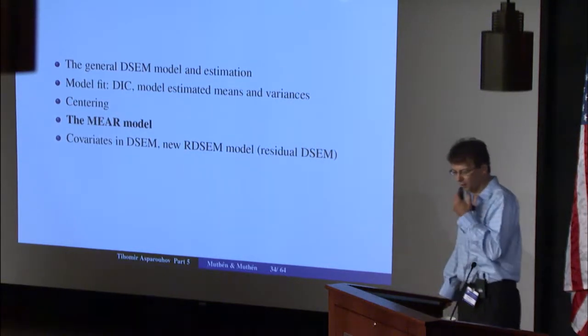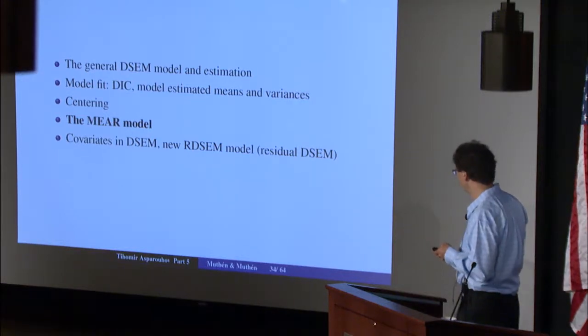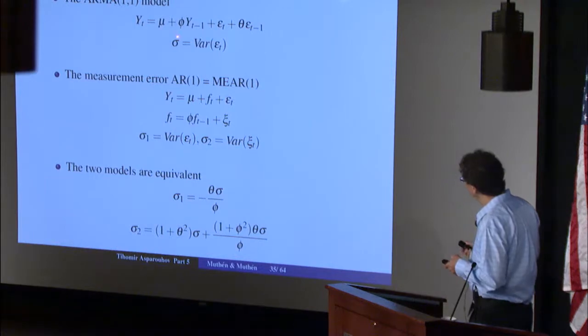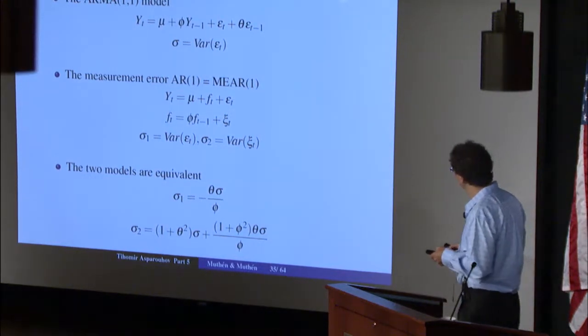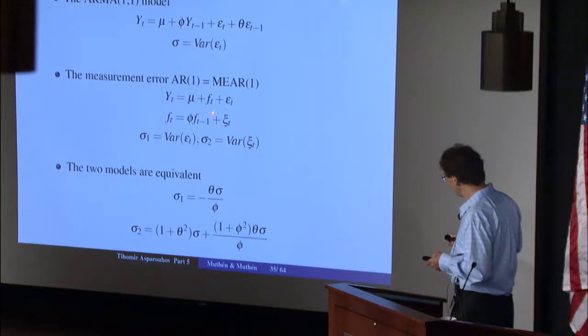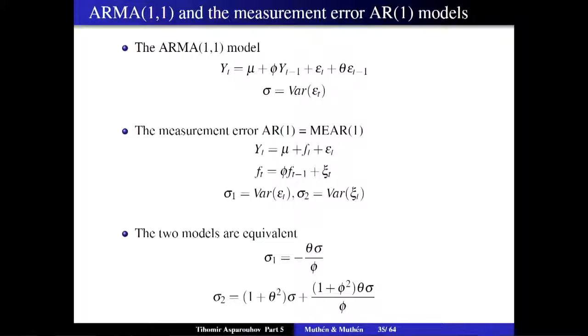So the next topic is the MEAR1 model, the measurement error autoregressive model. Bengt explained this yesterday. The measurement error autoregressive model is a model where you have a single indicator for a factor at time t, and then you have an autoregressive equation for that factor.